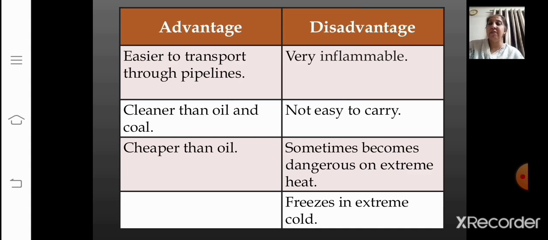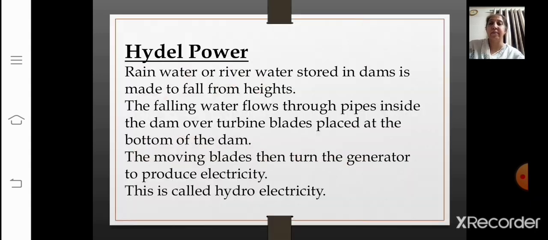Advantages: it is easier to transport through pipelines, it is cleaner than oil and coal, and even cheaper than oil. Now the disadvantages: it is very inflammable and not easy to carry. Sometimes it becomes dangerous in extreme heat, whereas it freezes in extreme cold.